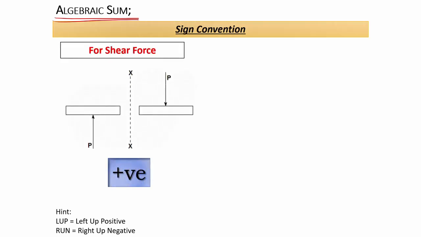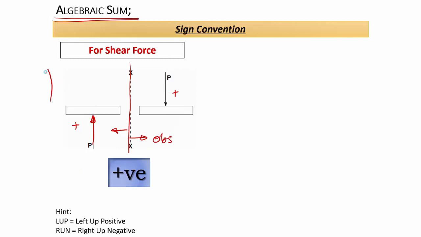For shear force we have sign conventions like this. If this is your section, and if you are observing, very important, if you are observing right side, then downward forces are positive. If you are observing left side, then upward forces are positive. Both are positive.